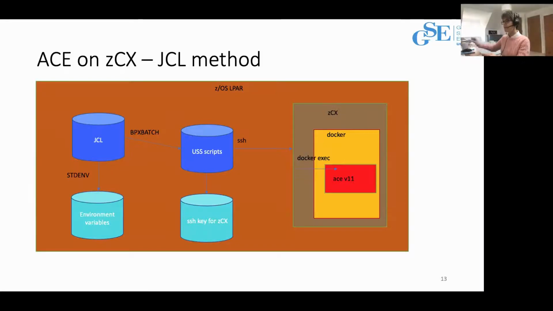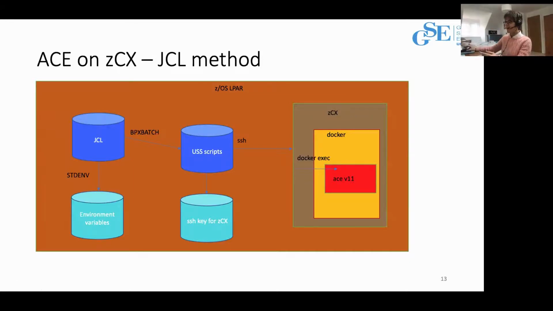Right, so looking at the JCL method, on z/OS you set up BIPEDs that are the environment variables to tell your broker what it is and what to do. So for the zCX way of doing things, you set up an environment variables file, or several files concatenated.